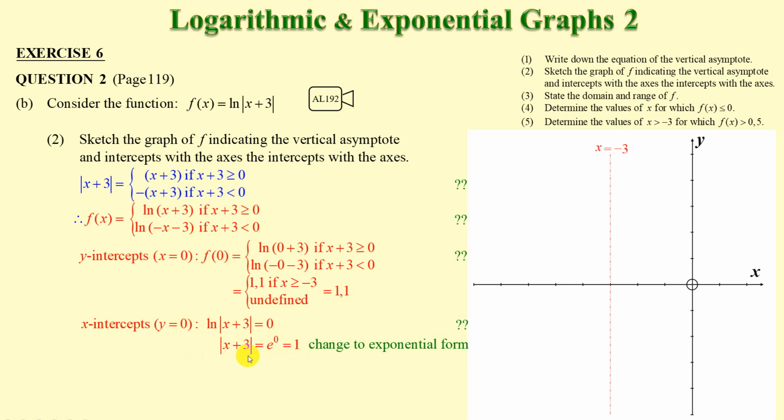Absolute value, to get rid of it, we can just introduce the plus or minus. The plus or minus really goes on this side, but we can transfer it across. Solving, we get x equals negative 2 or negative 4. And there we've already popped them up on the graph.